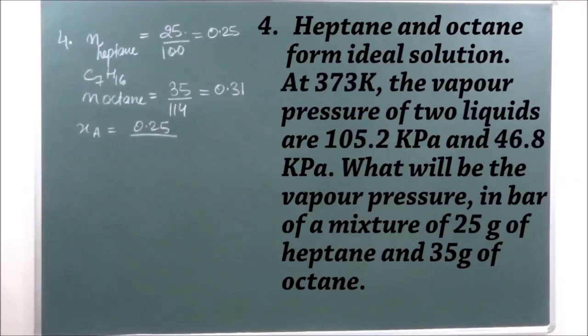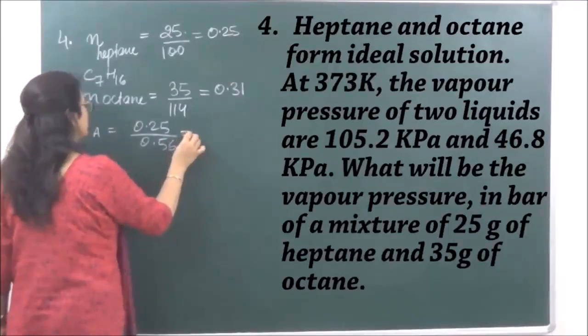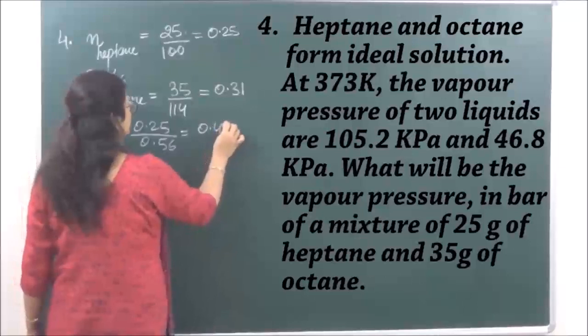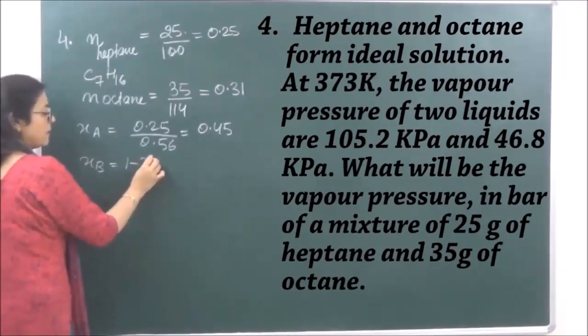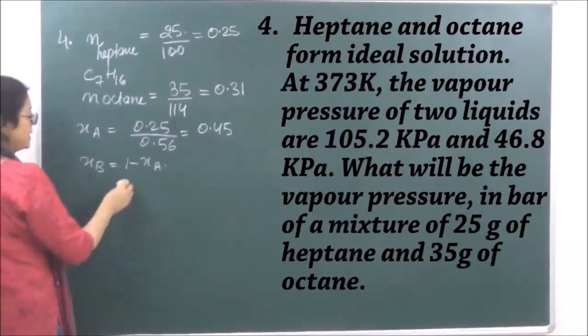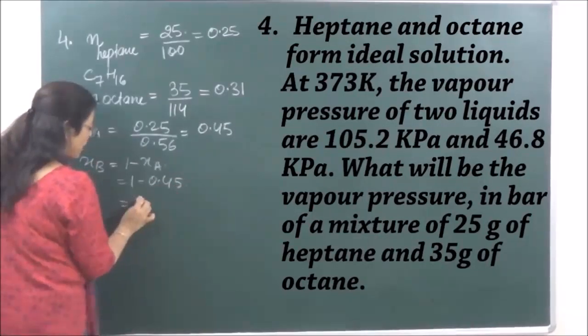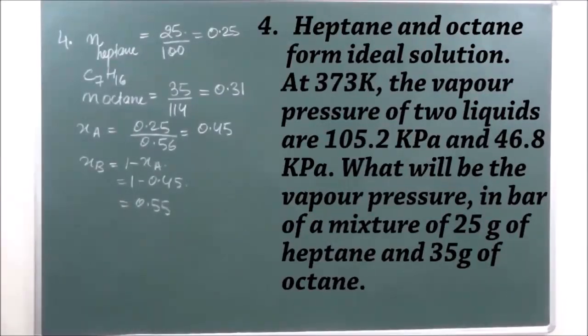The total number of moles is 0.56. So this when calculated comes to 0.45. So the mole fraction of B will become equal to 1 minus XA, is equal to 1 minus 0.45, is equal to 0.55. Clear?